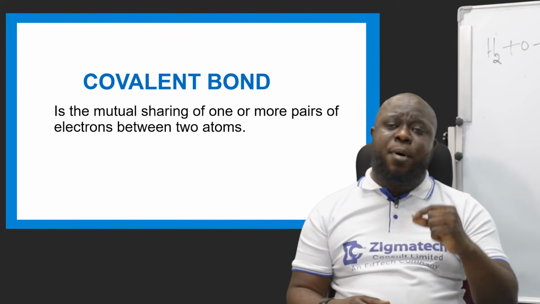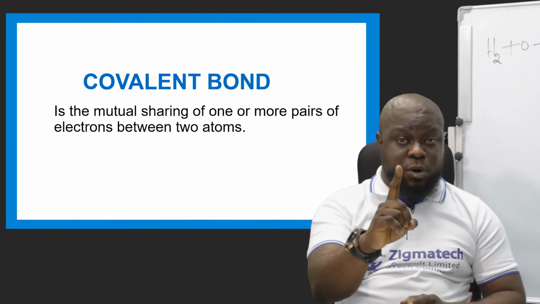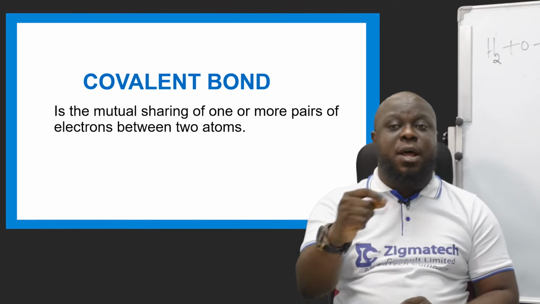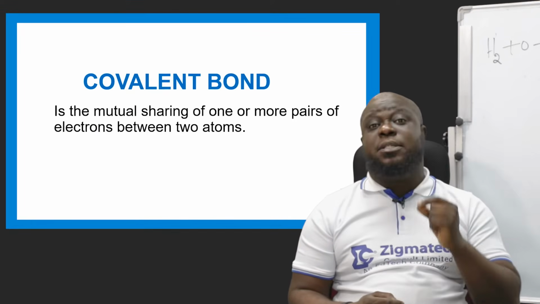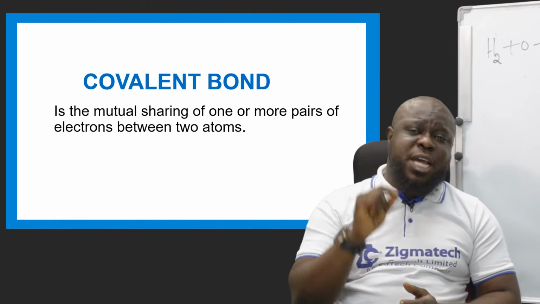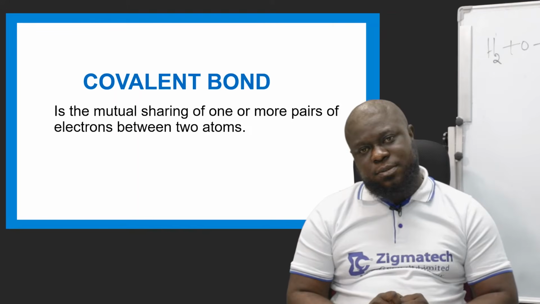Now, if this covalent bond, if this sharing of the electrons between the two atoms is equal, it becomes a polar covalent bond. In essence, a polar covalent bond is defined as the equal sharing of electrons between two atoms.